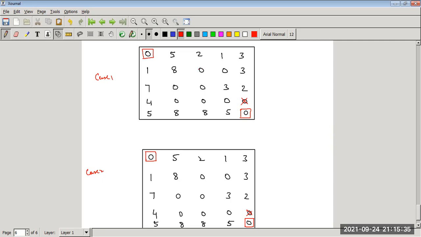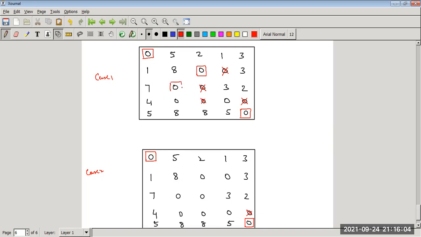Okay, so let us arbitrarily choose. If we choose this, then we have to cross this one, right? Now if we are going row-wise, we choose this element, then we cross all other elements in the row and the assigned column. Now come to row number 3.